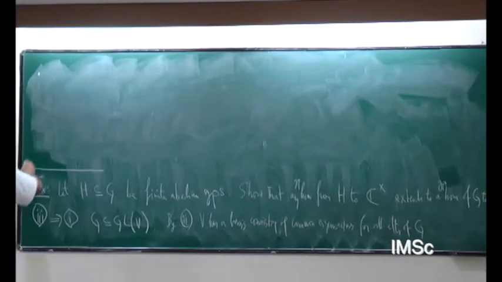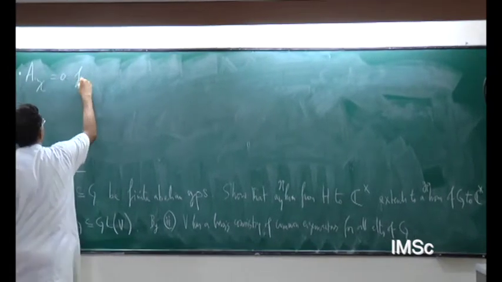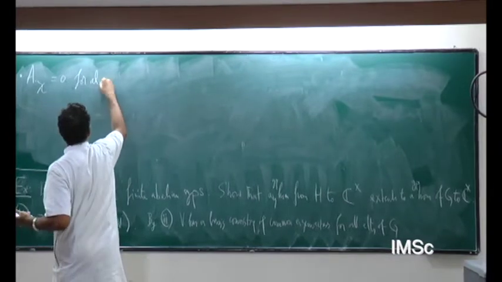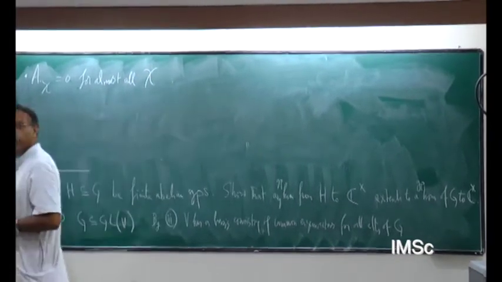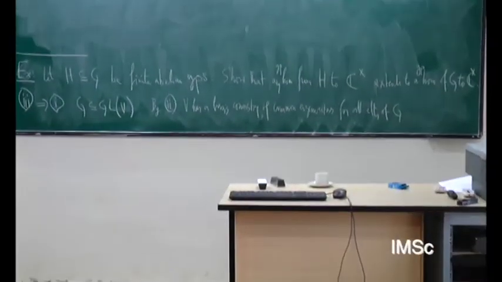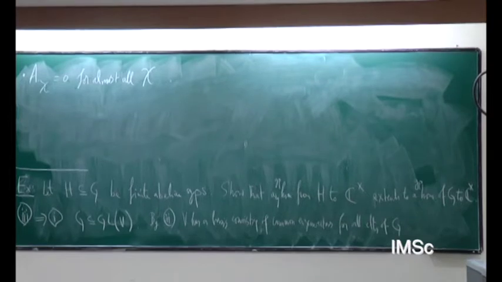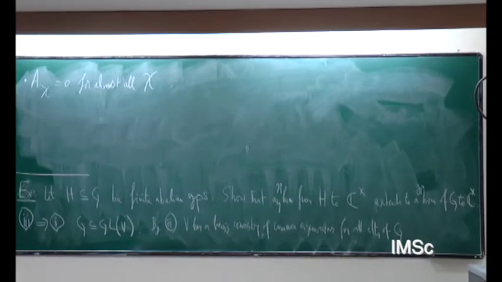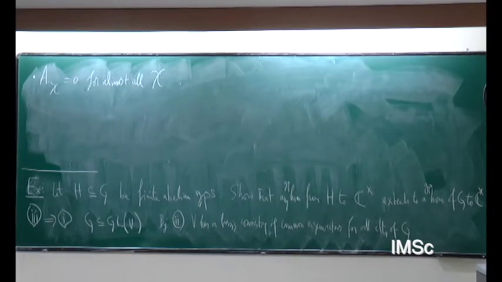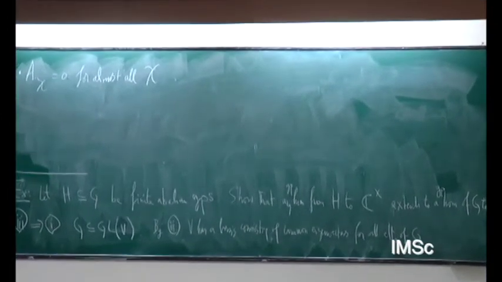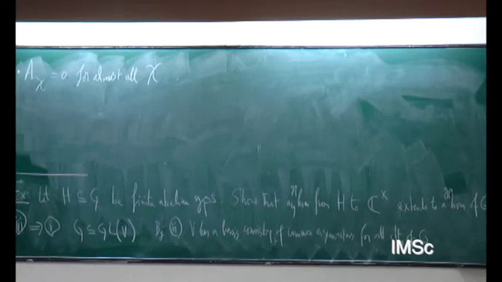A chi equals 0 for almost all chi. That is because in this expression there are only finitely many that are involved.